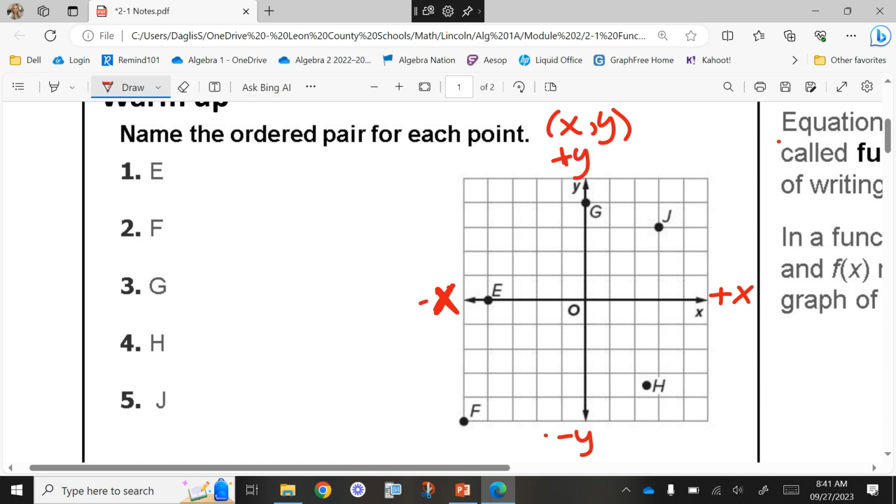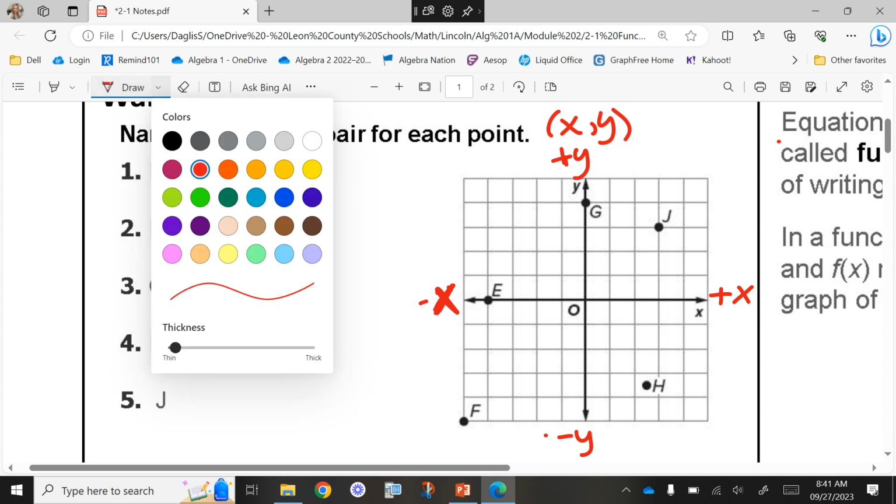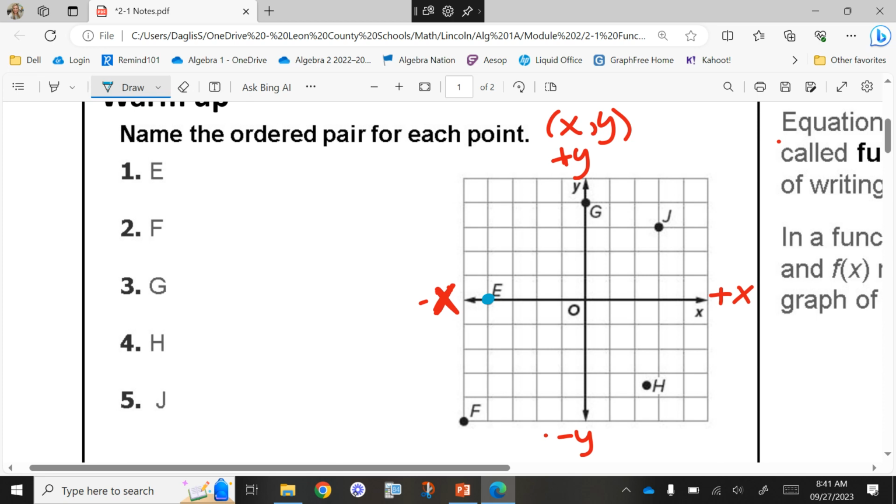So like E, the first one they're asking for, okay? Here we go. So starting from the origin, right, this is 0, 0. To get to E, we move to the left how many units? 1, 2, 3, 4, right? Do we go backwards 4 or forwards 4? We went backwards, right? So what X value is that?